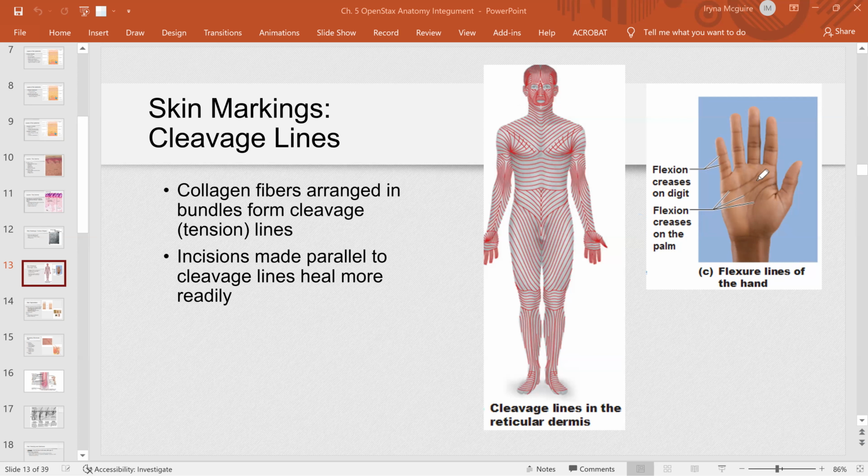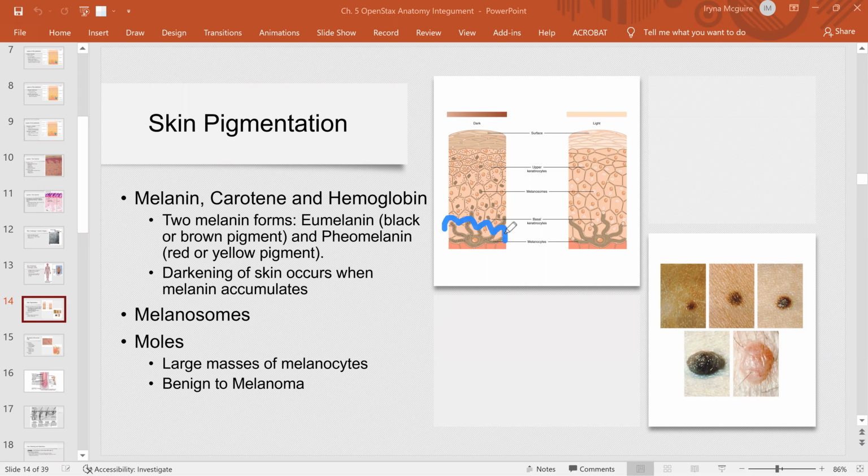Now we already mentioned melanocytes. So what do we want to add? Well, first, melanocytes are found in the stratum basale. So this is our epidermis. And this deepest layer of epidermis is stratum basale. And this is where we have melanocytes.